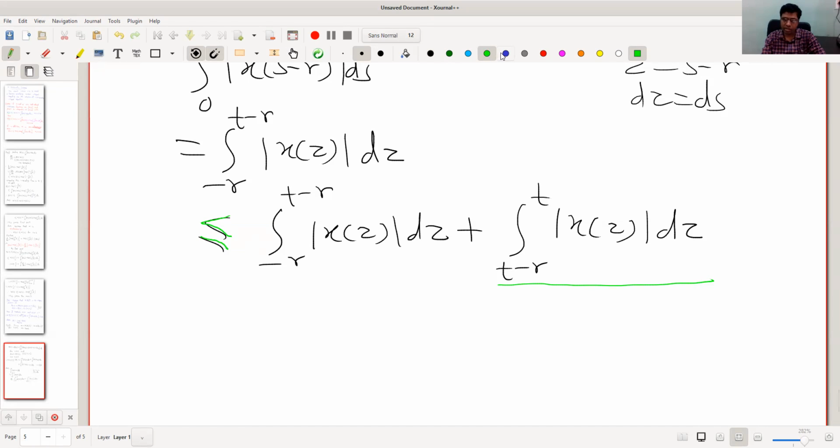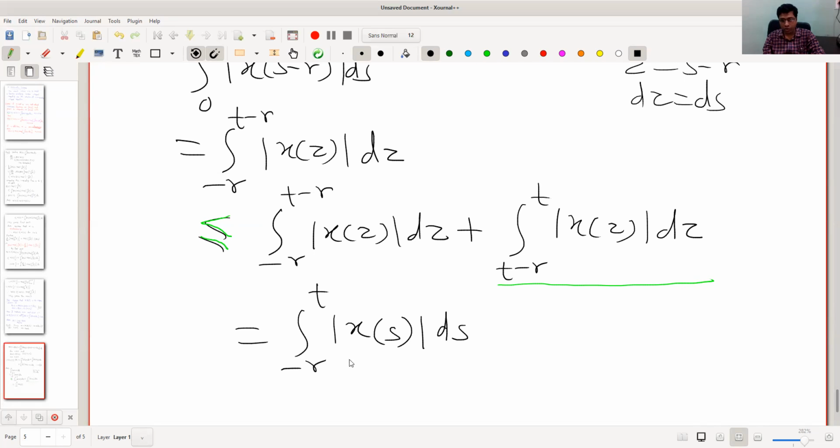Now we split the integral on the right hand side: this is the integral from minus r to t minus r and t minus r to t, so it is from minus r to t. So this is the integral from minus r to t of the modulus of x of z dz. z is a dummy variable. We can write any such variable, so let us write s, it doesn't matter. The modulus of x of z dz is the same as the modulus of x of s ds.